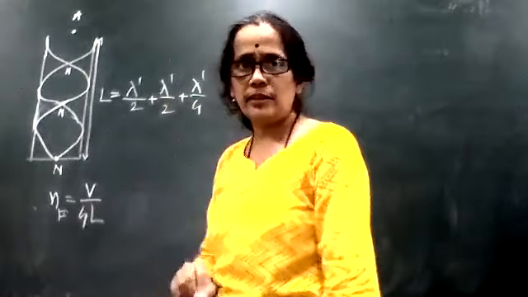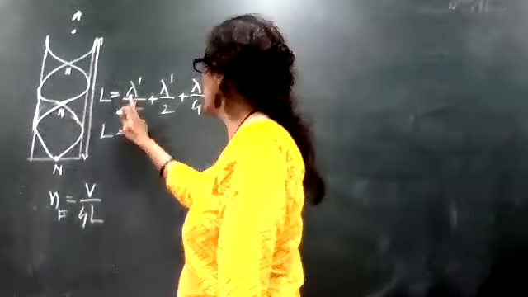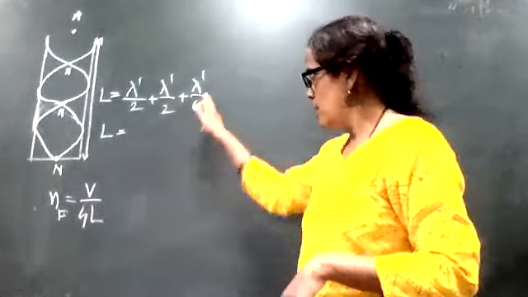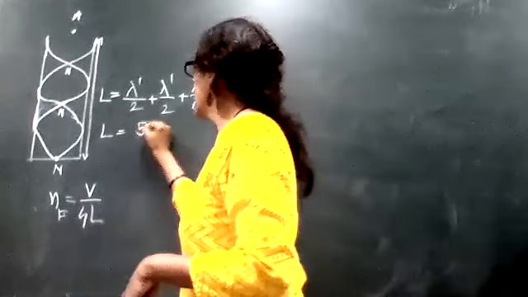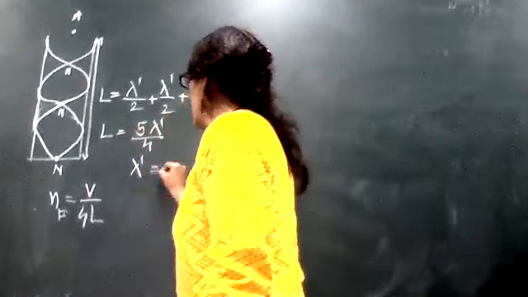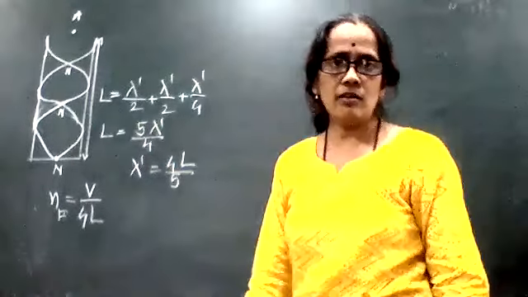This is the total length. So L is equal to lambda dash by 2 plus lambda dash by 2, that is lambda dash, plus lambda dash by 4, which is 5 lambda dash by 4. So lambda dash is equal to 4L divided by 5.